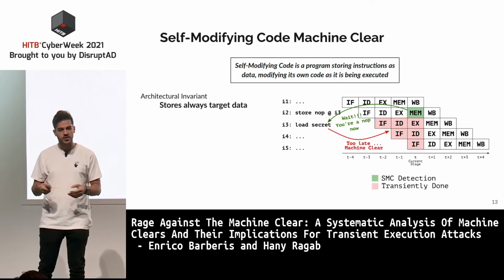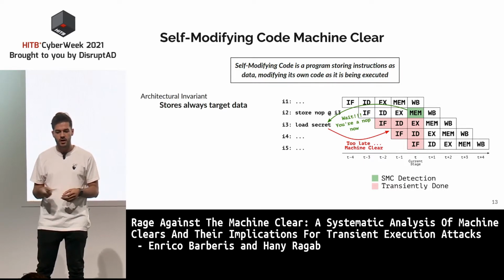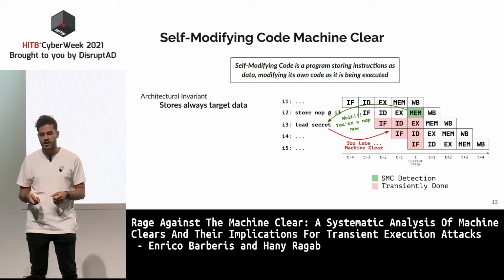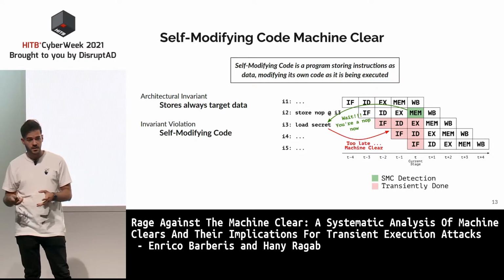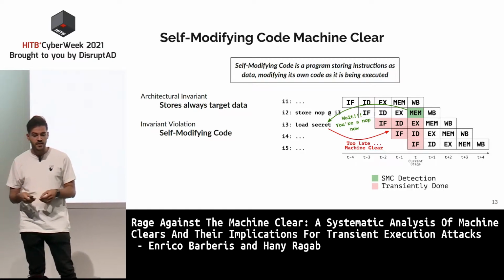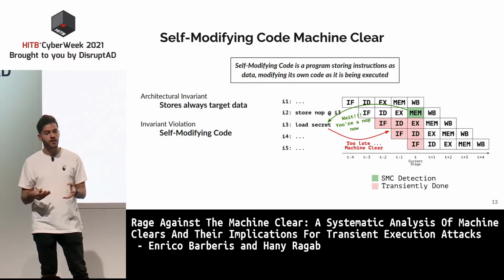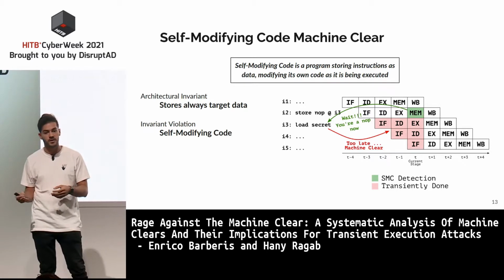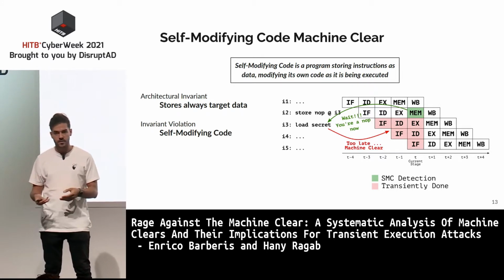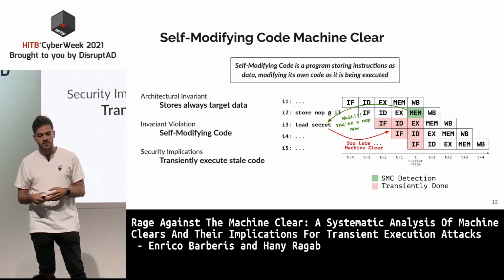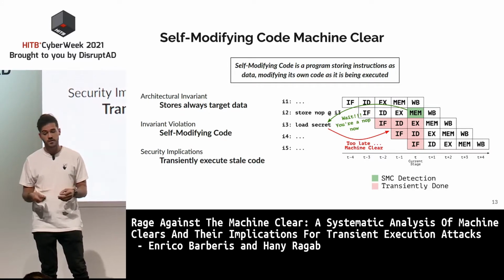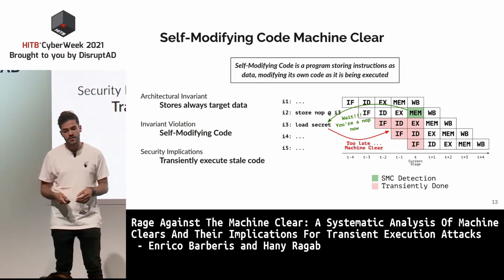So the architecture invariant here is that store instructions always target data memory addresses. This architecture invariant is violated in the case of self-modifying code, which does exactly the opposite, where it targets code memory addresses instead. This invariant violation allows an attacker to transiently execute stale code, which is in this case the load secret.